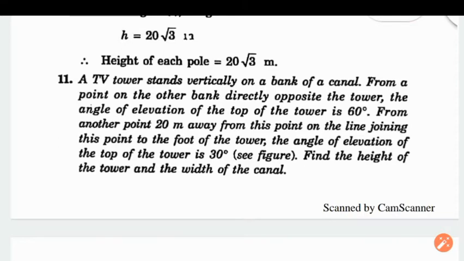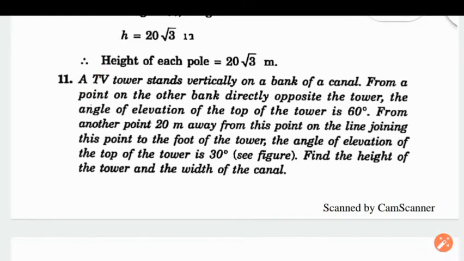So in this video I am going to solve the rest of the questions and finish that exercise. Let's start from question number 11.